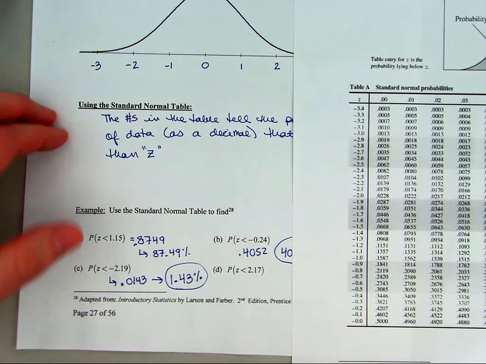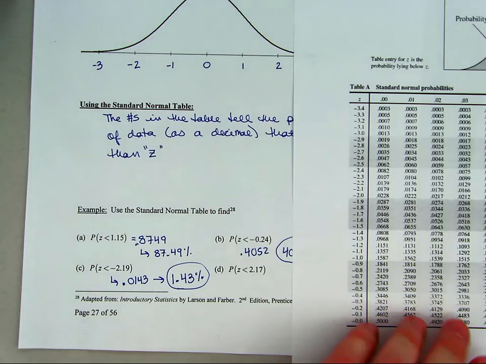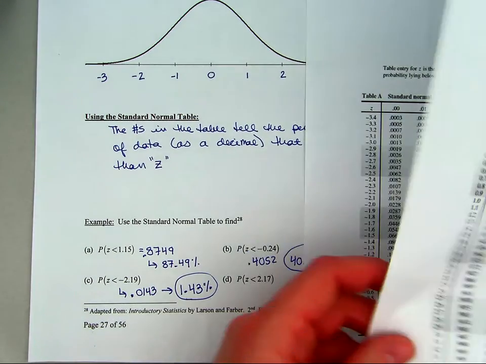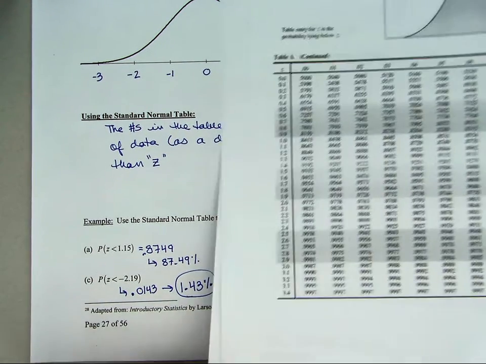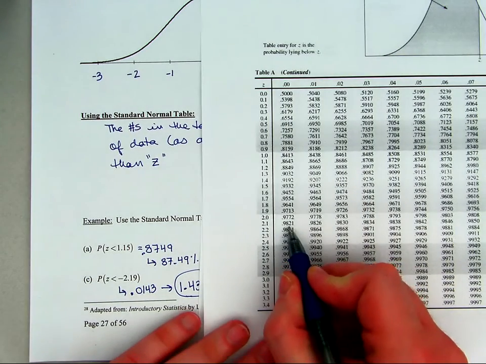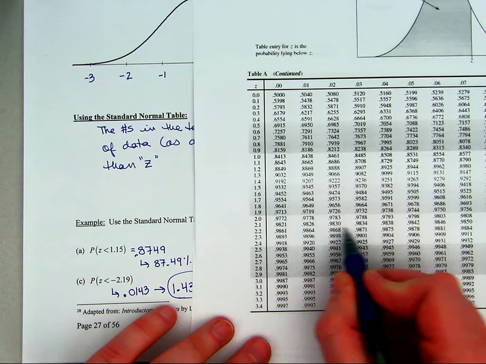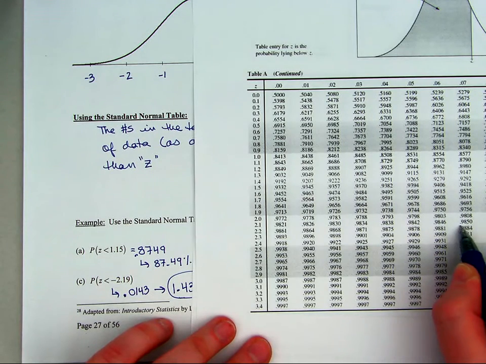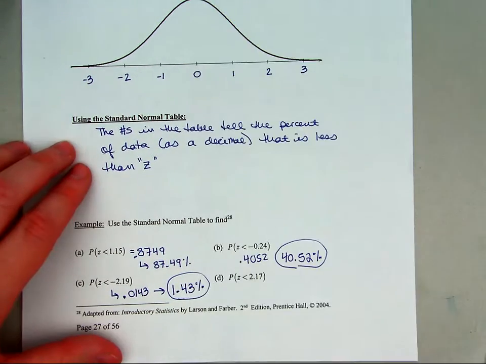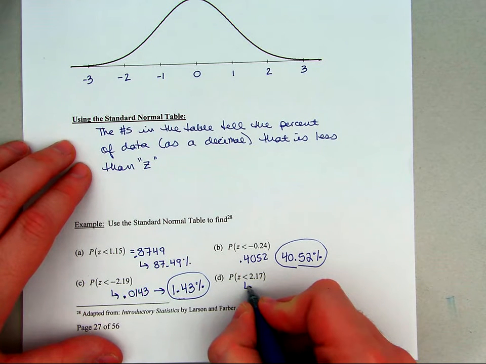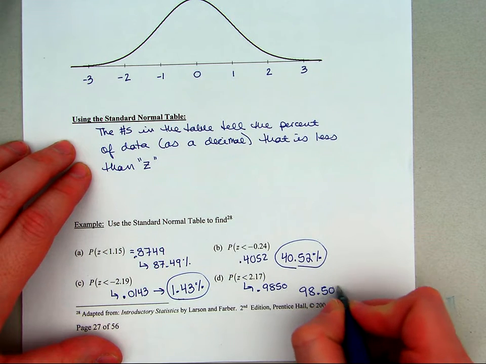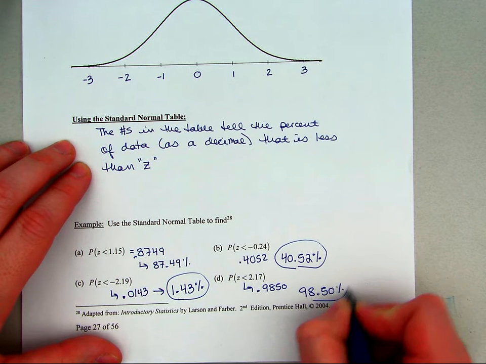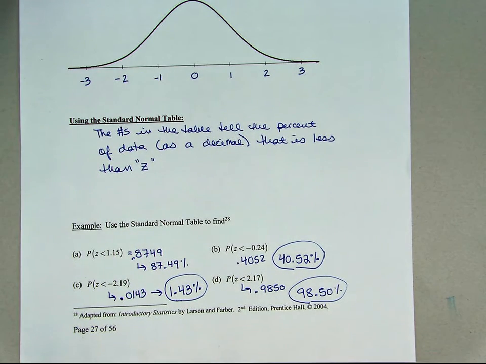In letter D, less than 2.17, I'm going to go to my positive table, 2.1, and go over to 7, which looks like 0.9850, which tells me that 98.50% of the data is less than 2.17.